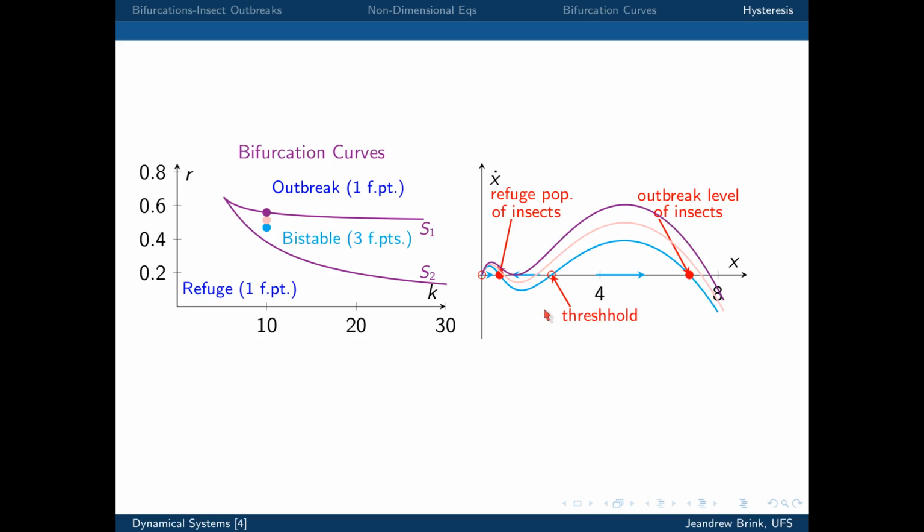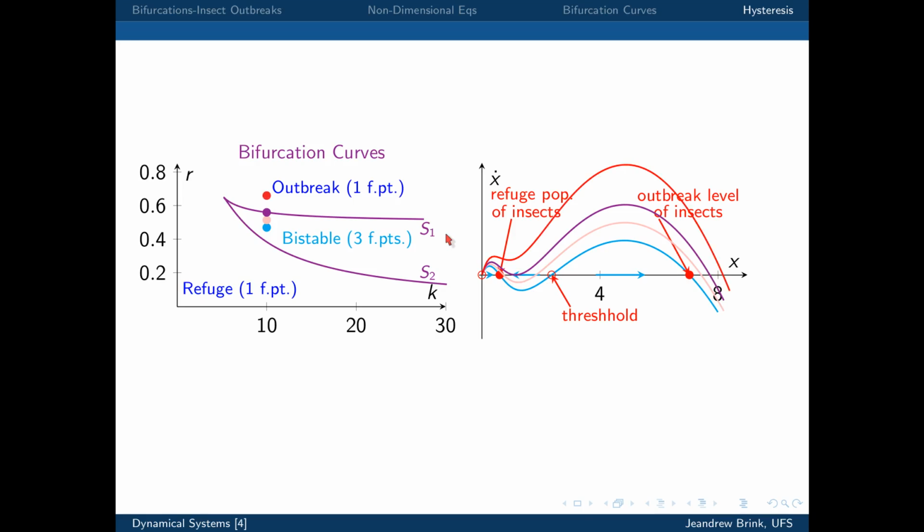If you eventually go to the bifurcation point, the threshold is starting to disappear, right? Your refuge population is colliding with the threshold, and therefore it isn't even a stable solution anymore, it's metastable. So any little knock on the solution here will make it run to the outbreak level.